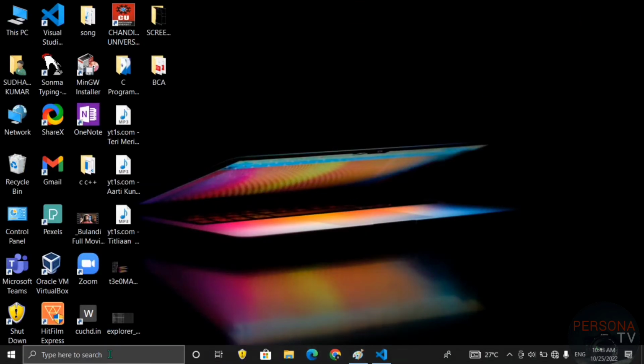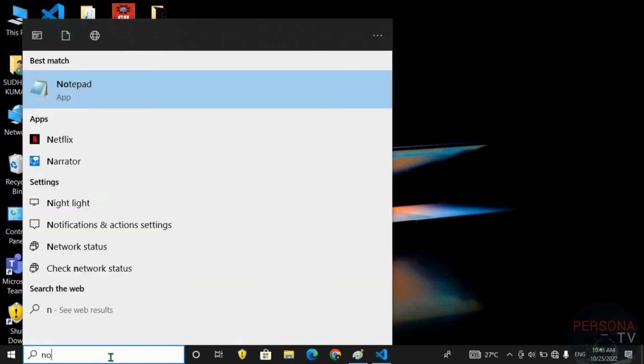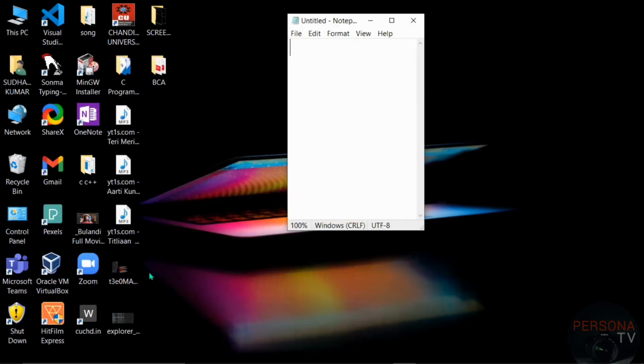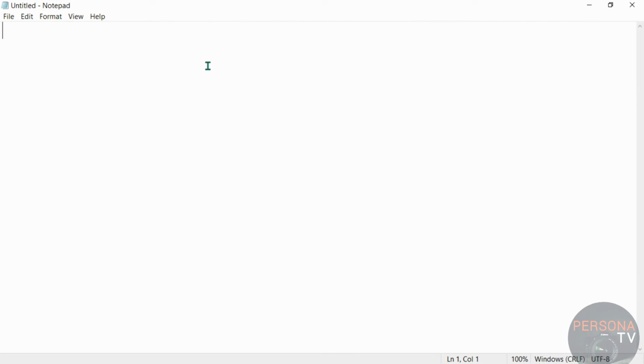Let me open the notepad first. The binary of 12 is 1, 2, 4, 8. 8 plus 4 is 12. So it will be 0, 0, 1, 1.